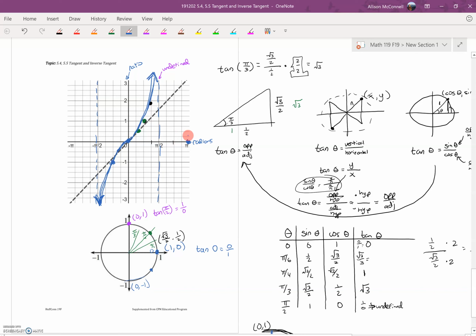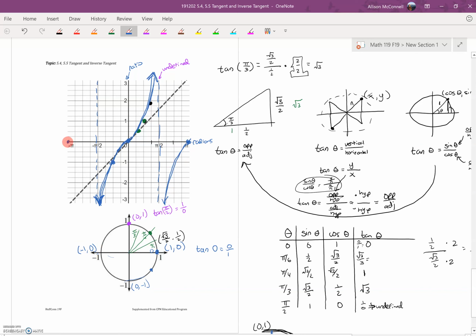If you look at pi here, that was what I was talking about with the negative x values but positive y values. And at pi, you know that it's going to be 0 over negative 1, so that's 0, and then we know those values will be negative. Can sketch in those values.